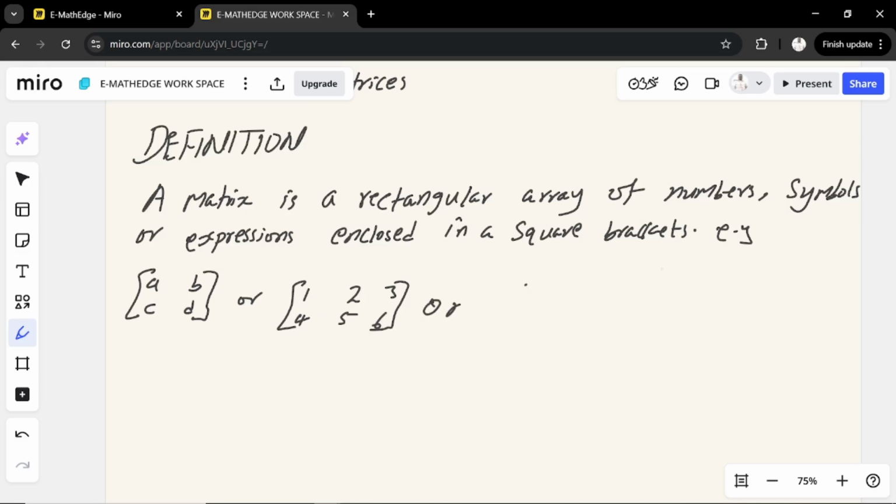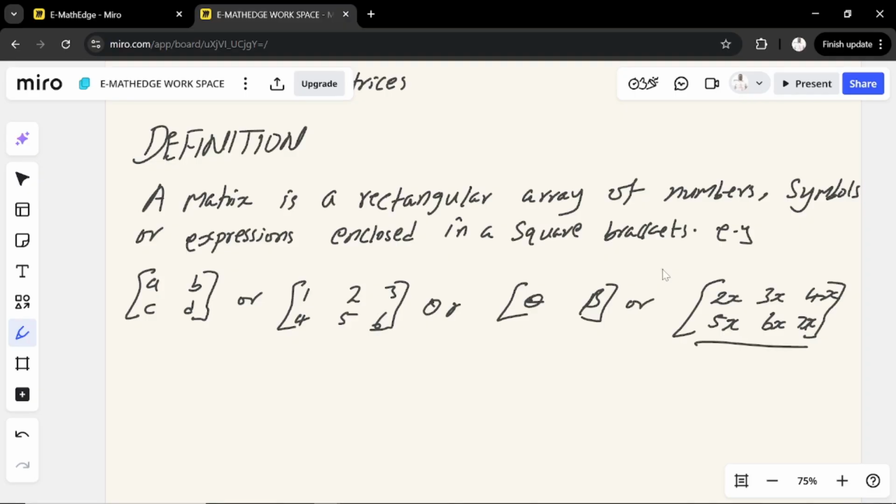Or if you have anything in the form of theta and beta, right? Or if you have anything in the form of 2x, 3x, 4x, enclosed in a square bracket, where we have 5x, 6x, and 7x. Mind you, a matrix is a rectangular array of numbers, symbols, or expressions.